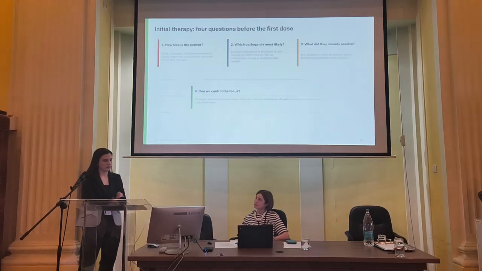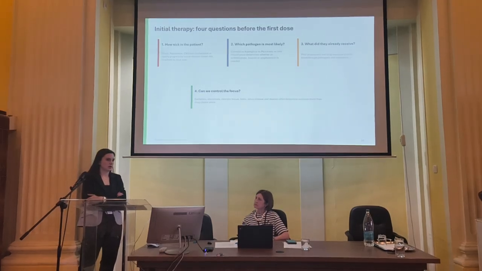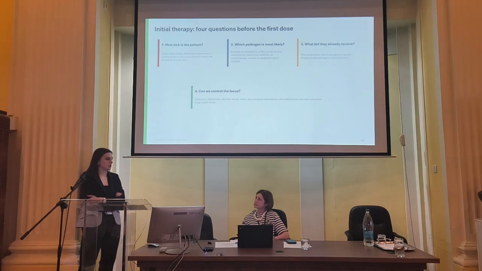Then, for the initial therapy, we need to make some notes before administering the first dose to the patient. In what kind of state is the patient? Is it in shock, hypoxemia? Does he have any symptoms of the central nervous system, rapidly progressive tissue disease?